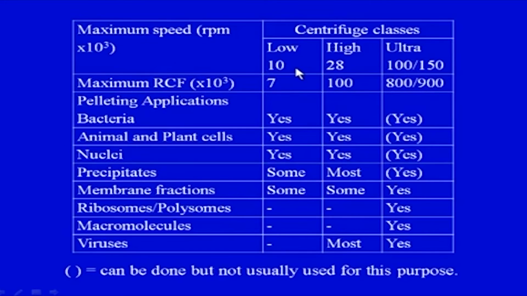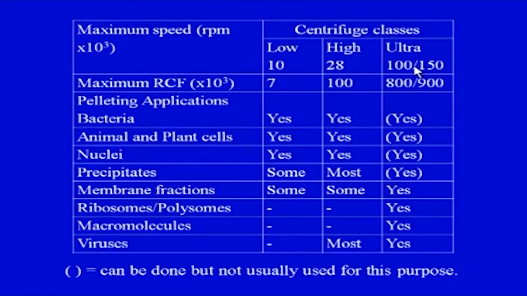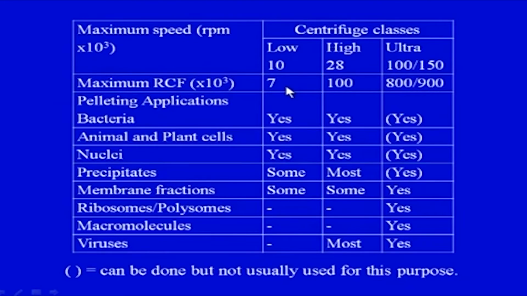Low speed centrifuges will have revolutions per minute around 10,000, high speed will have 28,000 revolutions per minute. These are approximate values, and an ultracentrifuge will have say 100,000 revolutions per minute. The corresponding RCF values are also given here, approximately 7,000 G, 100,000 G or 800,000 G force.